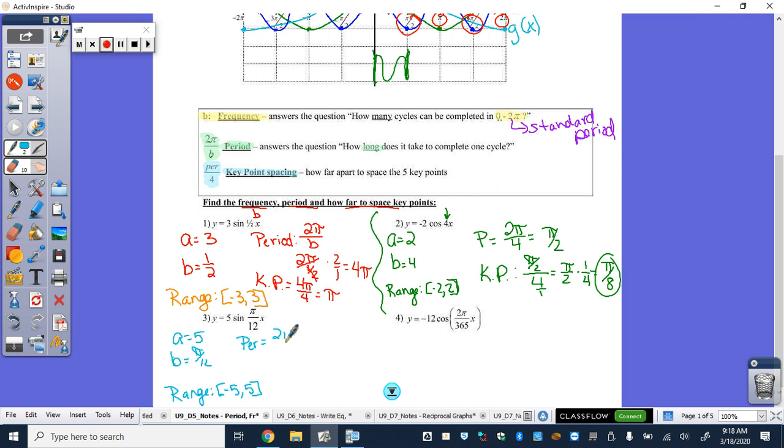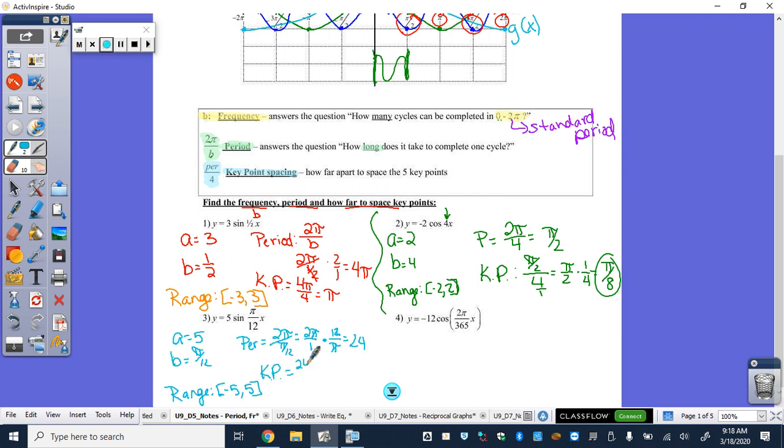Period, 2 pi over pi over 12. So again, fraction rules, 2 pi is really over 1. Keep, change, flip. Pi's cancel, so our period here is 24. And remember, that would be radians, so 24 radians is what our period is.